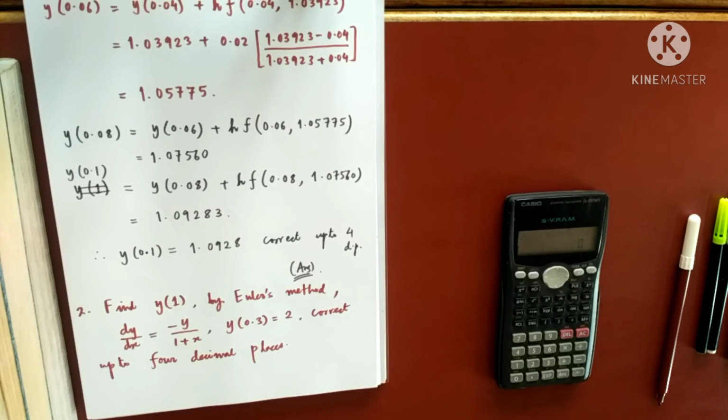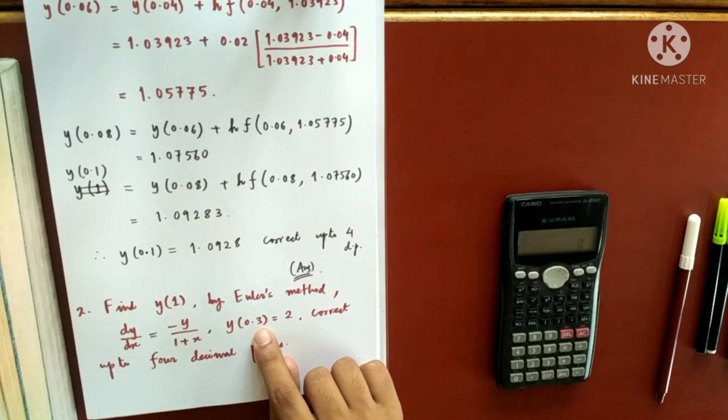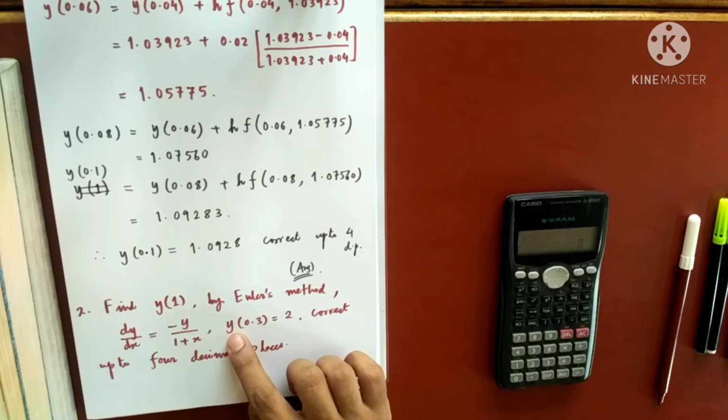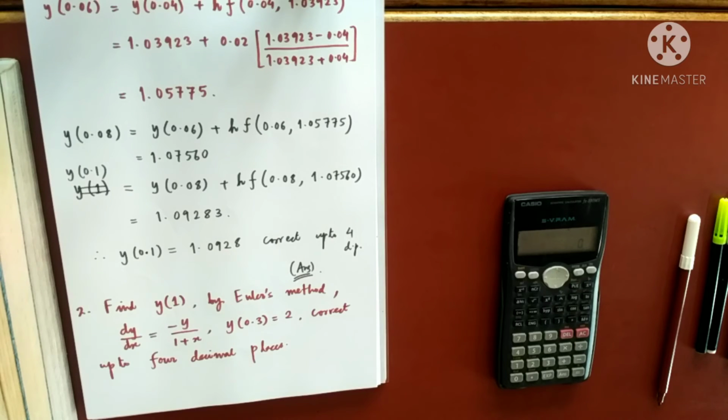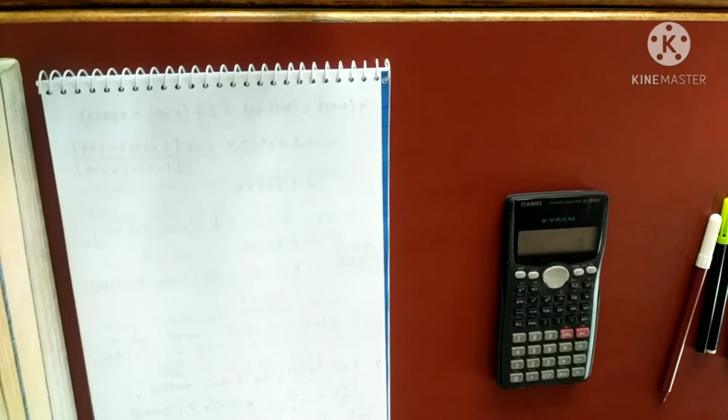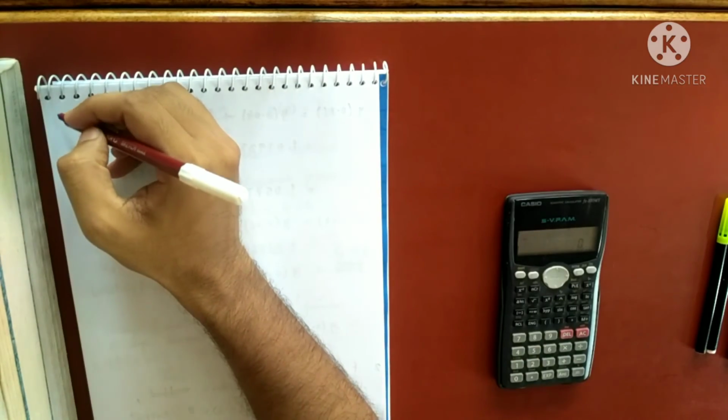So let's do it. Here x0 is 0.3, y0 is 2. y0 means y naught, or y at 0.3 is 2. So what are the things that are known to us?